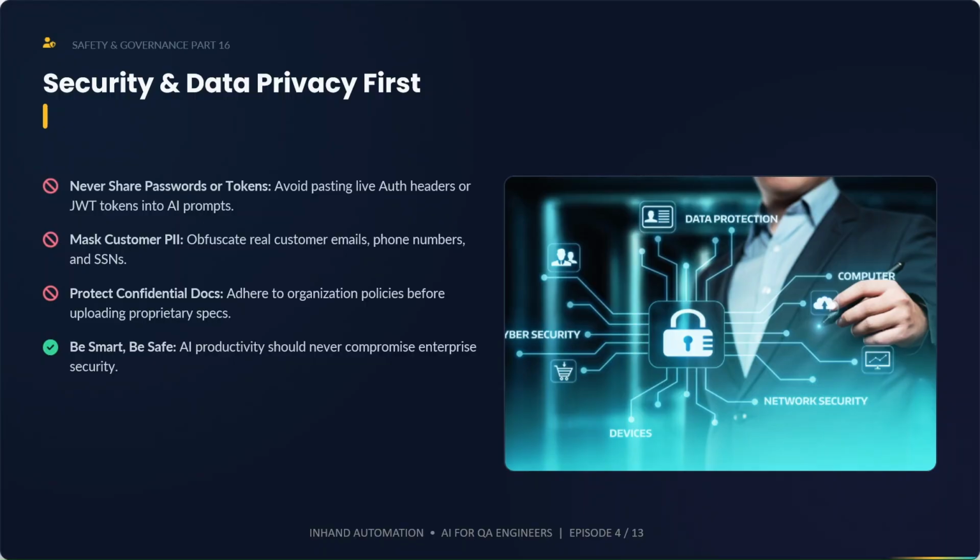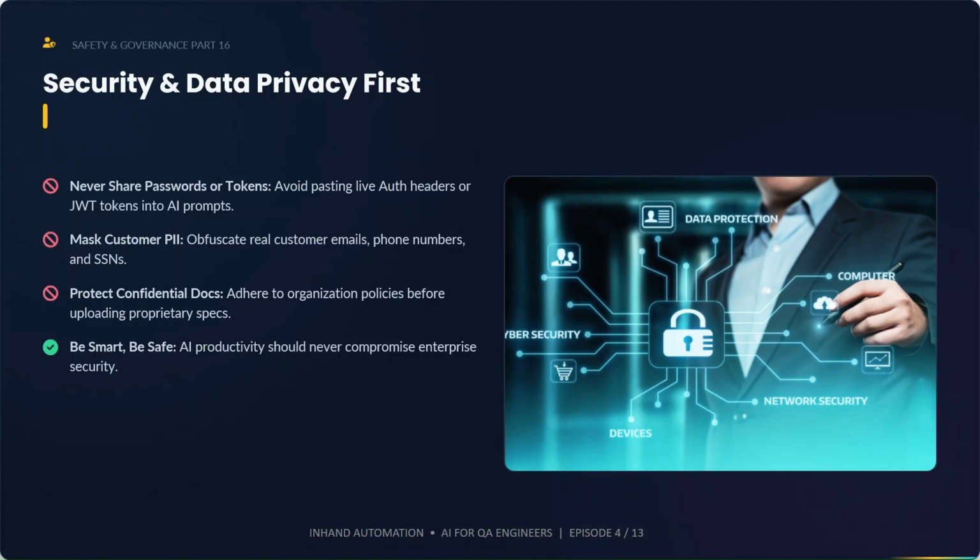So this is extremely important for QA engineers. We work with production data, customer information, credentials, API keys, database information. So before providing project information to an AI system, understand your organization's policies and the data handling rules for the AI product which you are using. Never blindly copy paste sensitive information into an AI tool just because it makes debugging easier.